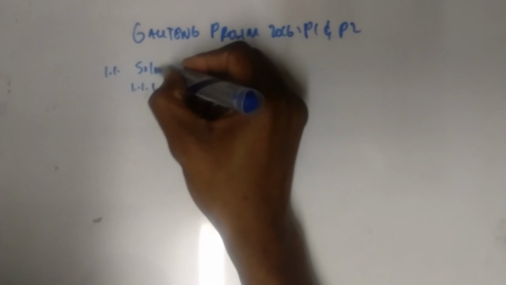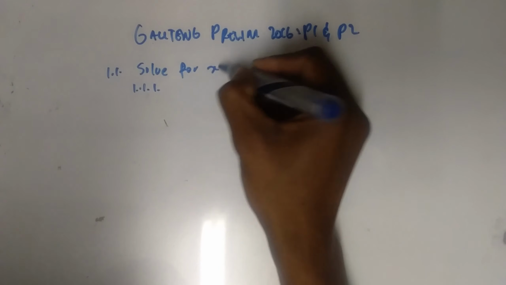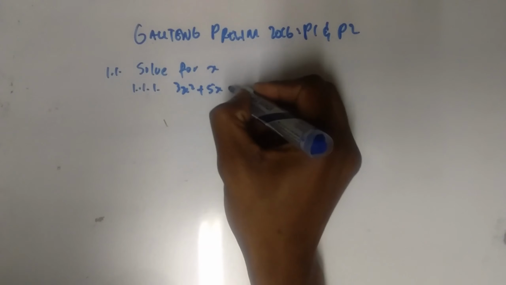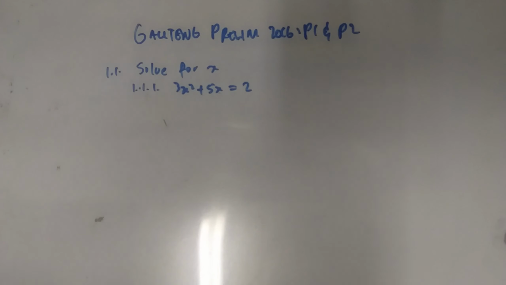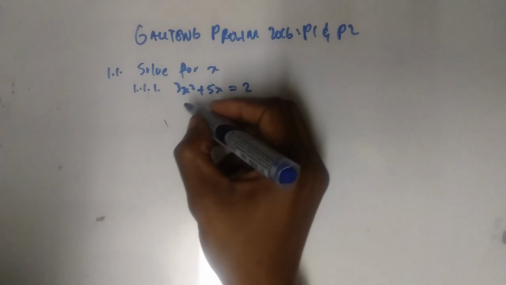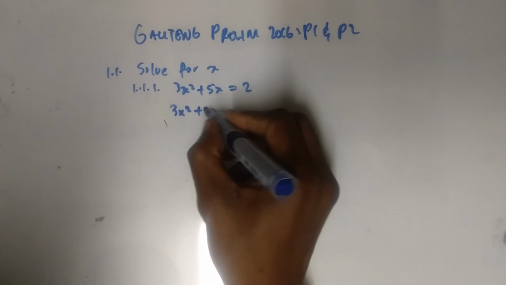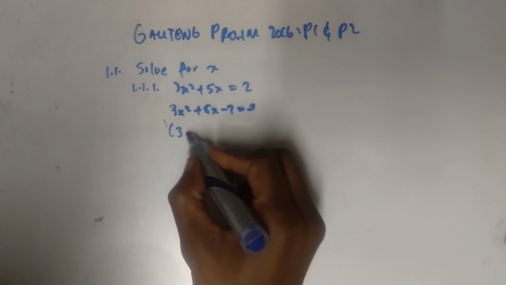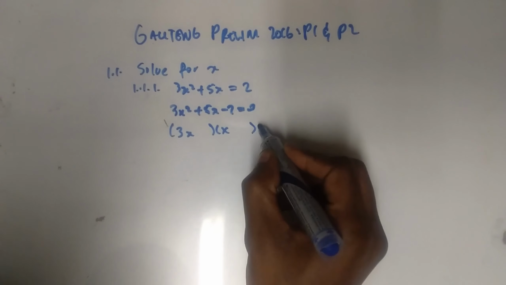Okay, so the first question under this subsection, which says solve for x, is 3x squared plus 5x minus 2 equals 0. So we're just going to solve for x. We factorize this.